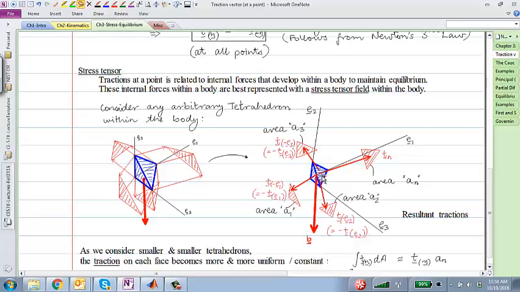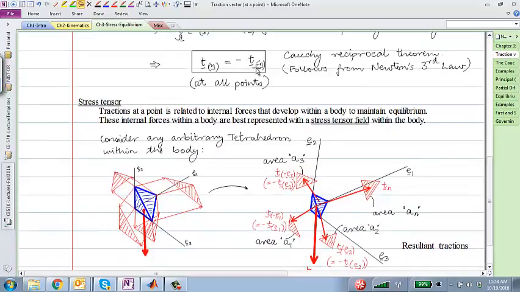The tractions on these, I'm labeling them as T sub n, T sub minus E1, E2, and E3 on each one of those faces. And I'm also saying that the tractions on each one of those negative normals will be equal to the negative, so T of minus E3 would be equal to minus T E3, like with the Cauchy reciprocal theorem that we just showed.